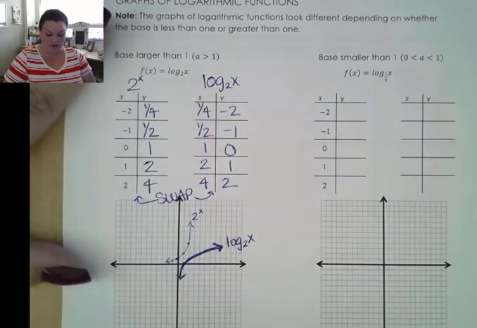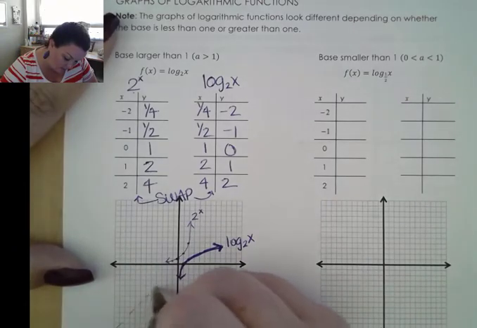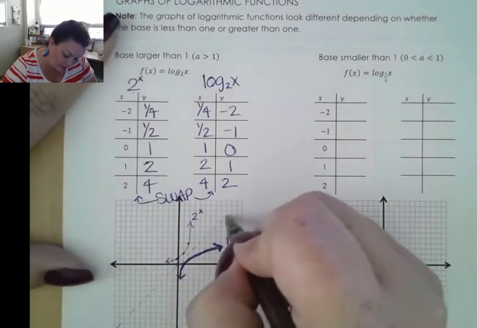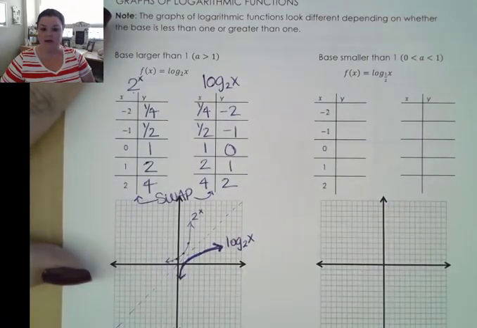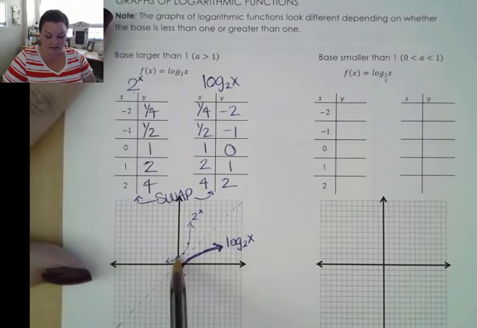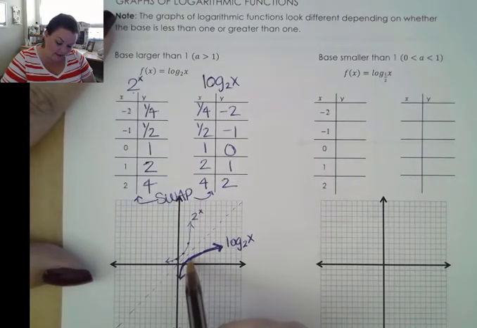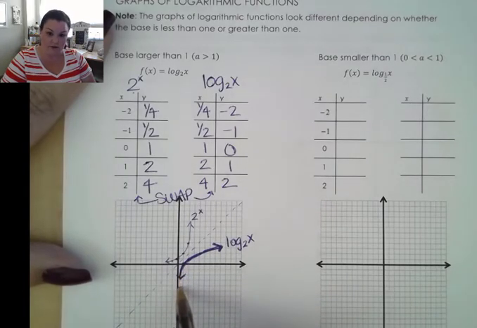Okay, so notice when we swap all of our x's and all of our y's, remember it gives us a reflection across the identity line, right? So notice before, our y's were coming down and getting closer and closer to 0. So if those y's become our x's, now our x's are coming down and getting closer and closer to 0.